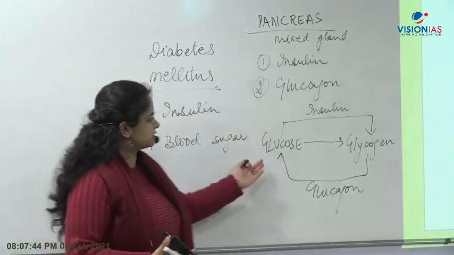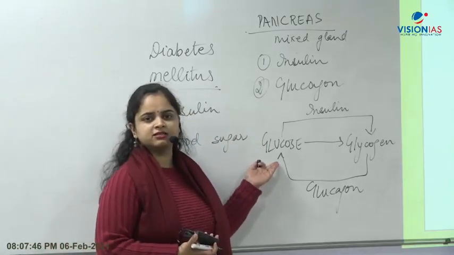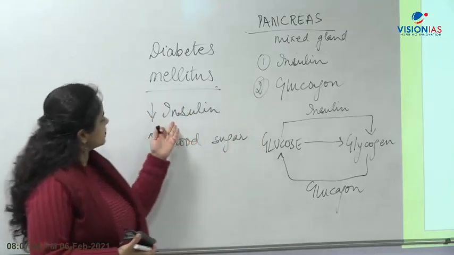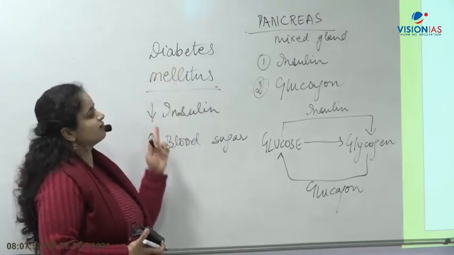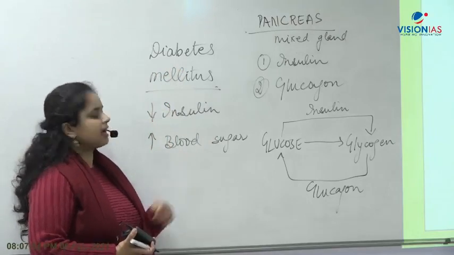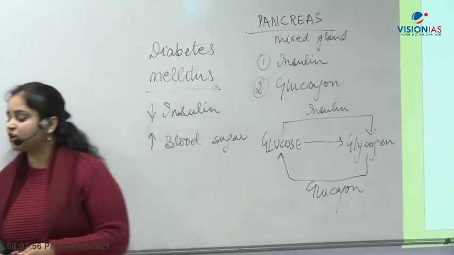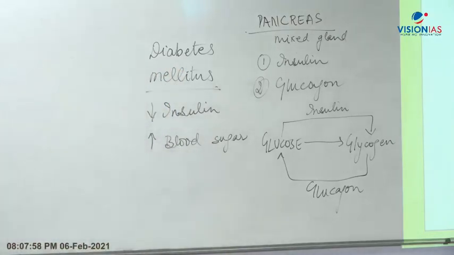And which sugar is this, or which carbohydrate is this? It is glucose. So insulin, if its amount is reduced, the person is said to have diabetes mellitus. And in this, if you check the blood of a person, what will be seen is that increased amount of glucose is there in the blood, which causes different conditions in different parts of the body. It's a very commonly known lifestyle disorder.